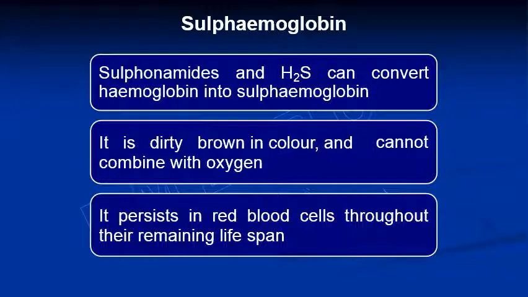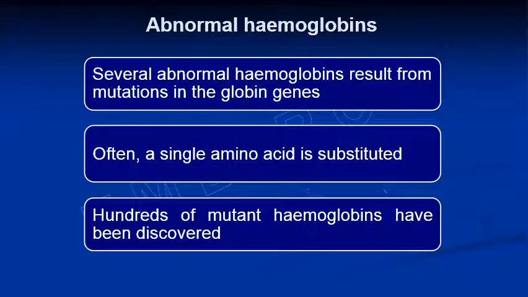Now let's check out some abnormal hemoglobins. Abnormal hemoglobins can be formed as a result of mutation of the gene. Which gene? The globin gene. Most commonly, a single amino acid is affected and substituted in this mutation. There are hundreds of mutant hemoglobins which have been discovered.